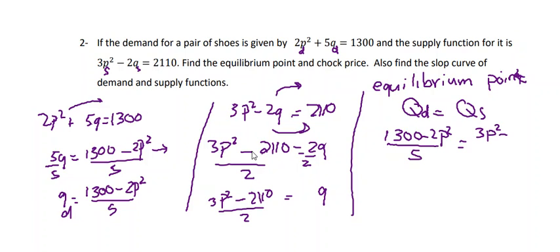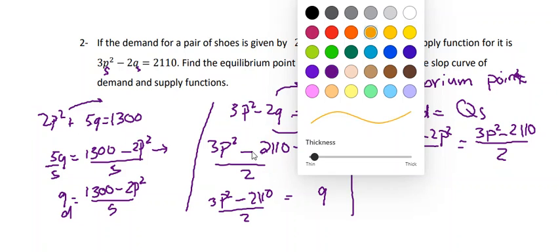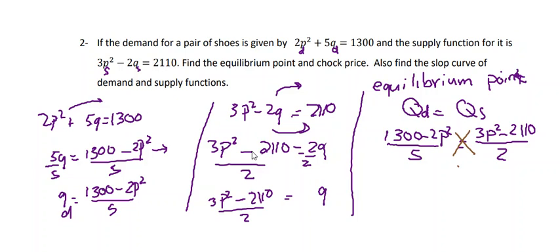3p square minus 110 over 2. So by cross multiplication, we get that 2 multiplied by 1,300 minus 2p square equal to 5 multiplied by 3p square minus 110. Okay, now you will expand the bracket.